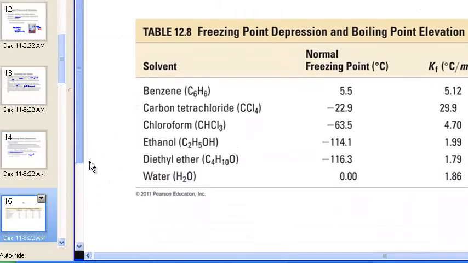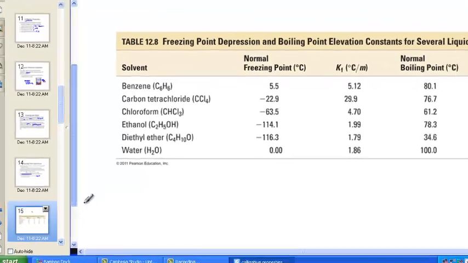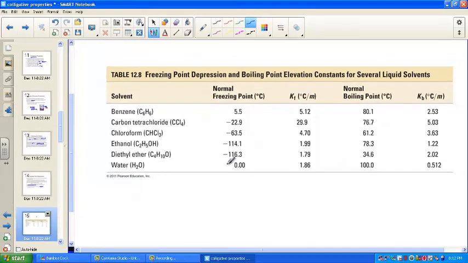In this particular slide, we have not only KF's, freezing point constants, but we also have some KB's, boiling point constants. We have a list of solvents and their normal freezing points, their K constants, their normal boiling points, and their KB constants. Let me give an example.